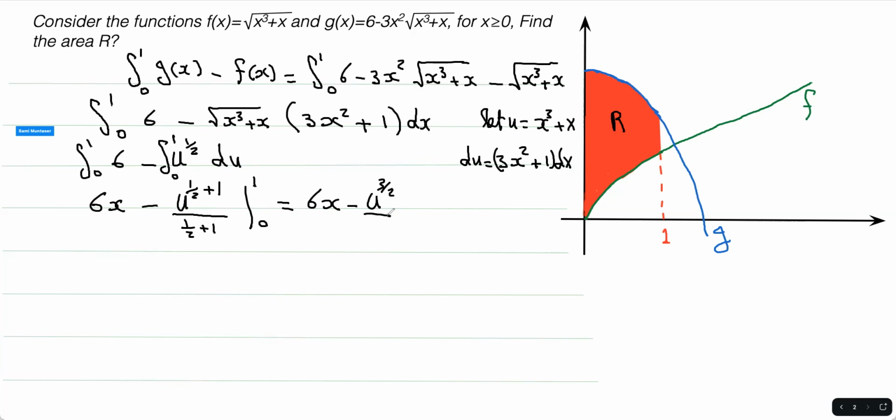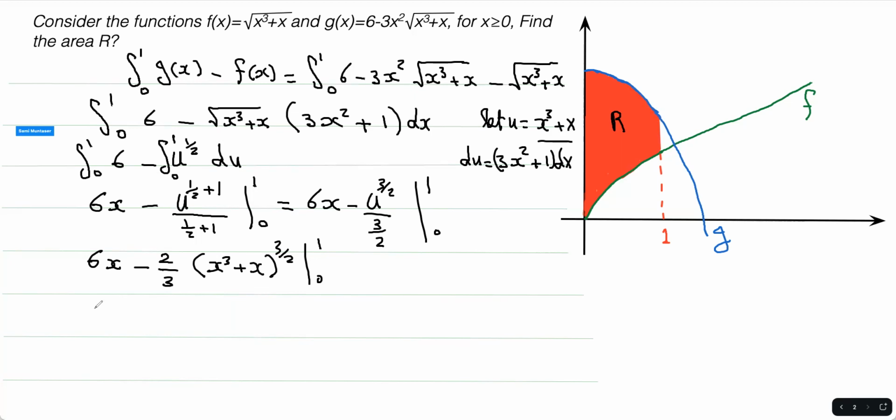Half plus 1 is 3/2, and that's 3/2 as well, between 0 and 1. We're going to have 6x minus, and dividing by 3/2 is the same as having 2/3 in front of u to the 3/2, and u is this, so we're just going to change that to x cubed plus x to the power of 3/2, between 0 and 1.